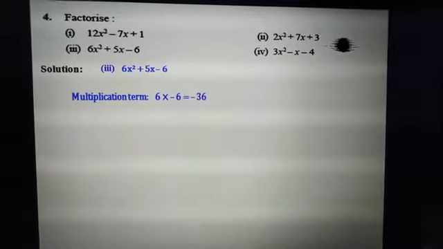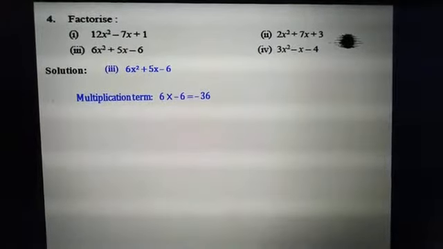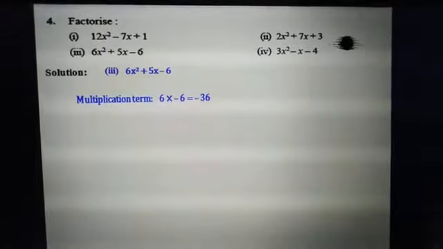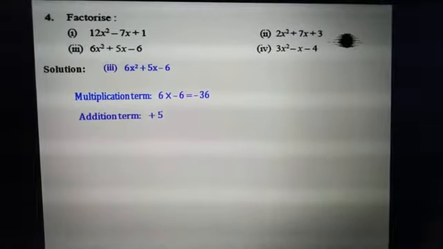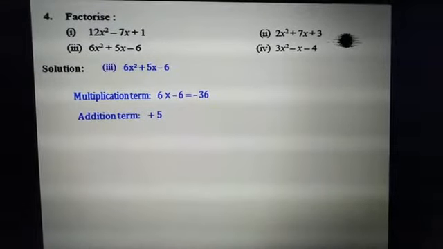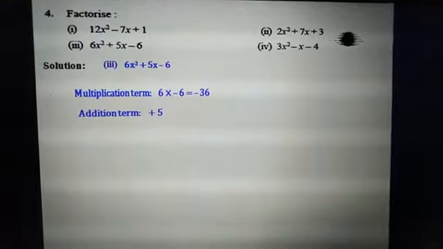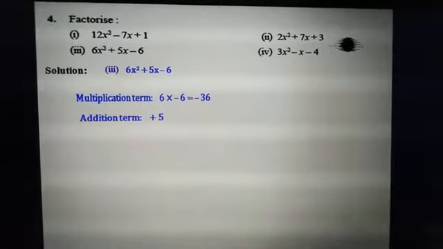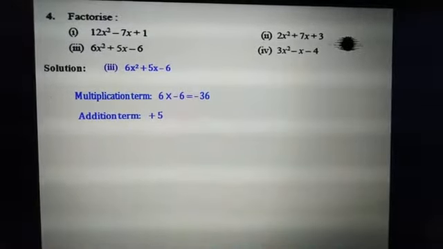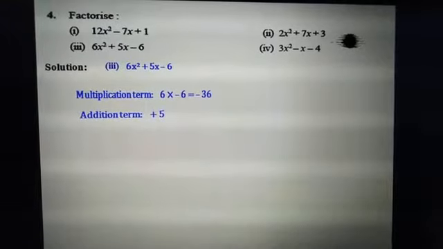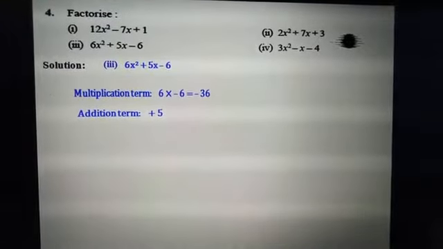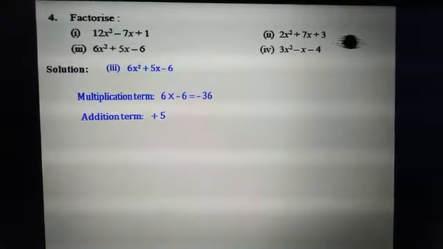Therefore minus 36 is the multiplication term. Next, addition term. Addition term is very simple, the coefficient of x. So here the coefficient of x is plus 5. So the addition term is plus 5. Next, we want to find two numbers.